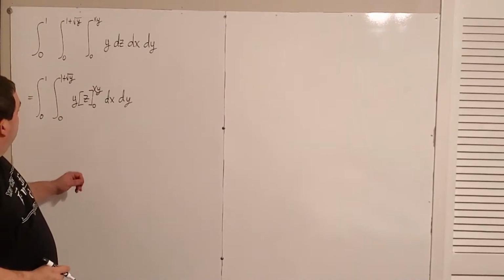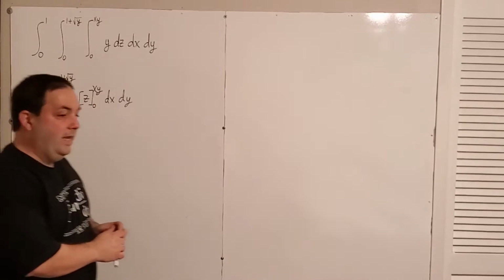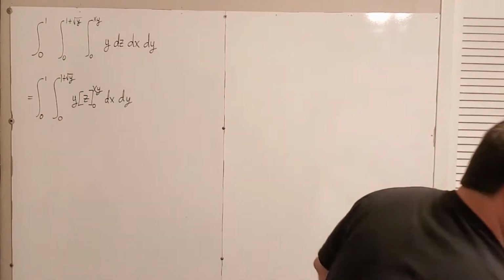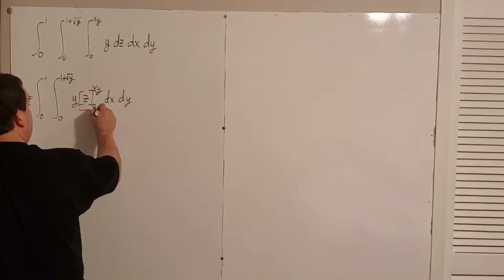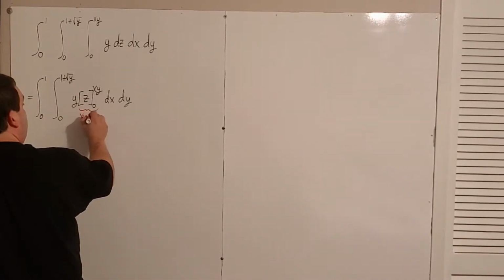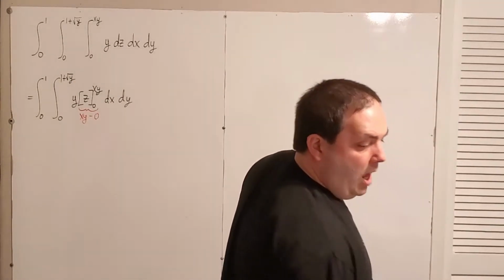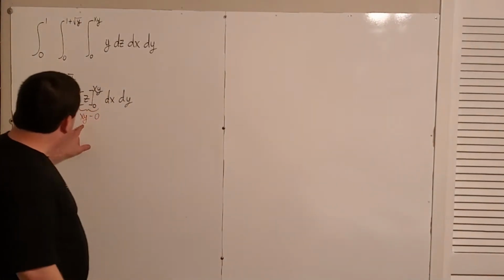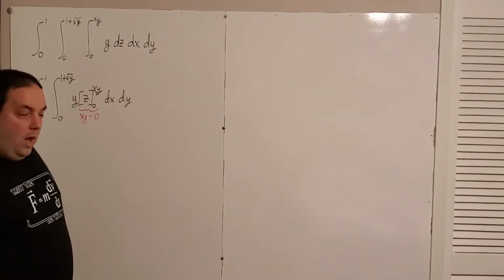Okay? So then, of course, I'm going to plug in the xy and the 0, right? This piece right here is just going to be xy minus 0, which is just xy, right? Xy times y is going to give me xy squared.